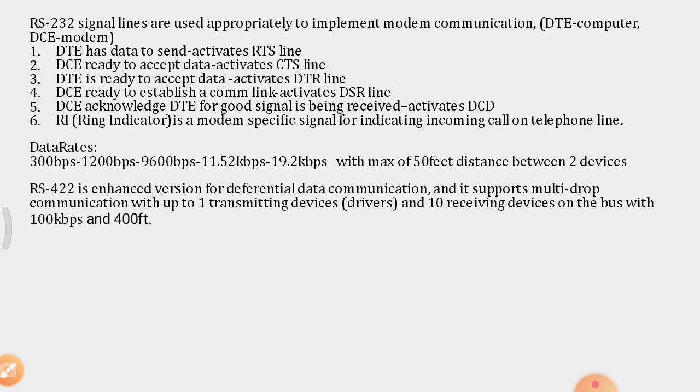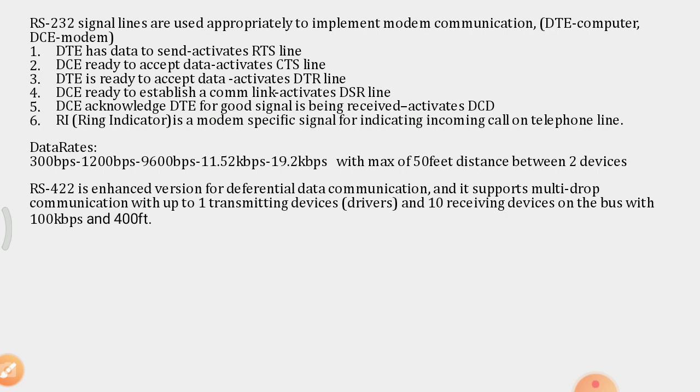Then RI, Ring Indicator, is a modem-specific signal for indicating an incoming call on the telephone line. If everything is set, then the data is transmitted and received on the TXD pin and RXD pin. So here also the TXD and RXD pins are available.